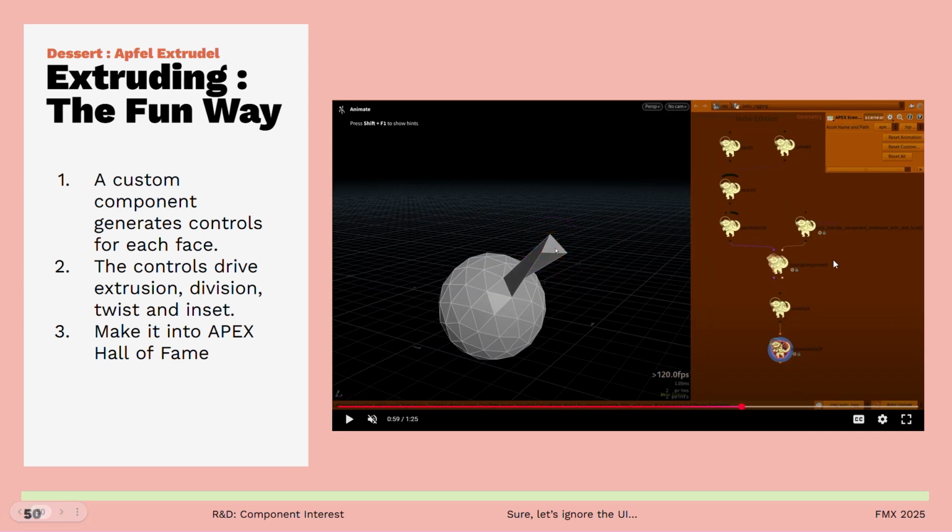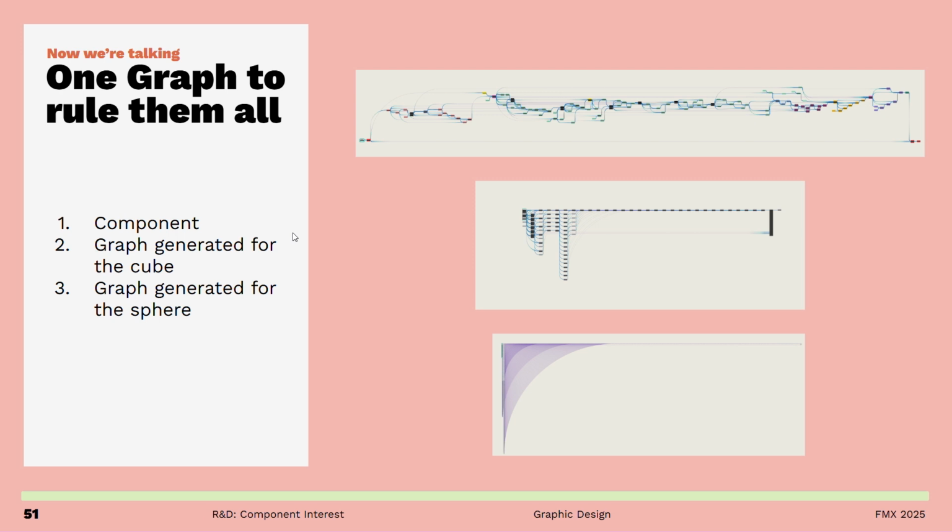I don't think this is super visible, but basically you have a box or a sphere, and then it gets fed into this pack folder, and then I just add my custom component, which is going to be the graph that I'm going to show you in a second. And then this guy is the actual scene animate, which runs our graph and generates our controls. In this first image, you can see the graph that is the component.